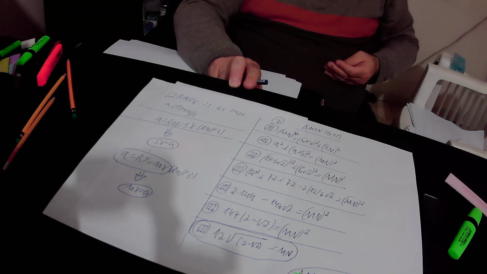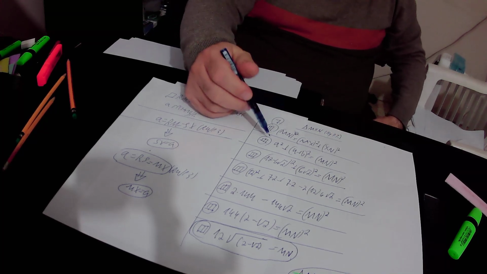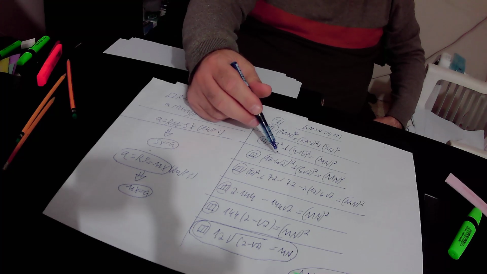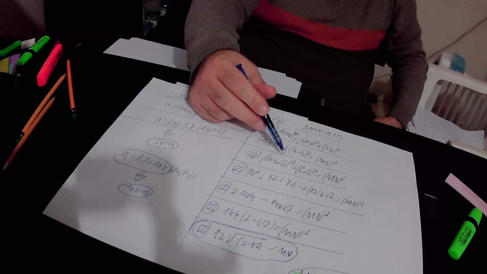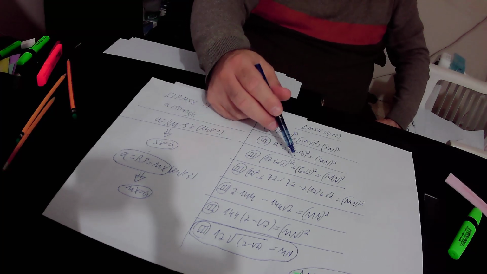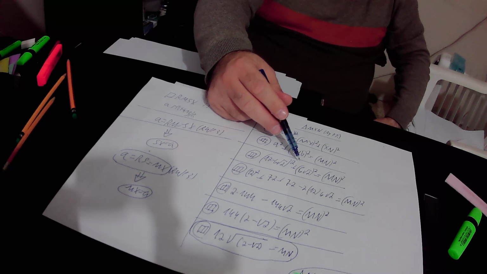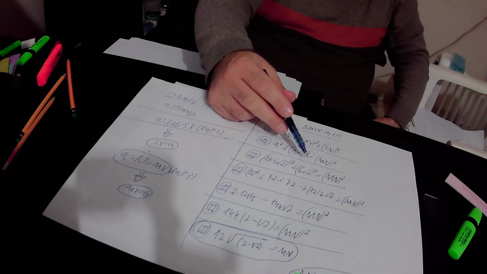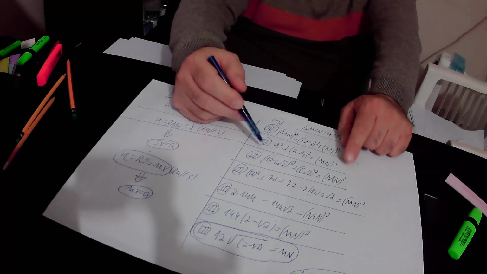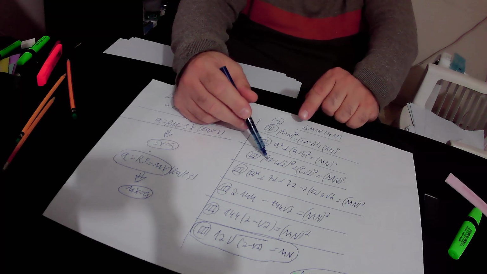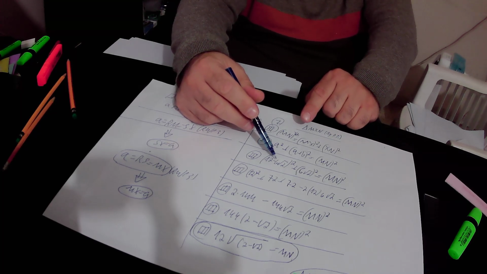We have already found out that A equals 12 minus 6 times square root of 2, so A square will be equal to (12 minus 6 times square root of 2) square, plus (A plus B) square. We have already found out that A plus B equals 6 times square root of 2, so (A plus B) square will be equal to (6 times square root of 2) square, and it equals MN square. Here we open the brackets of (12 minus 6 times square root of 2) square.